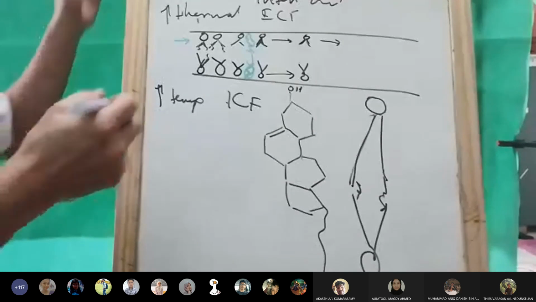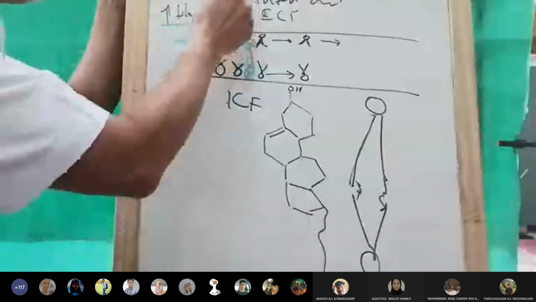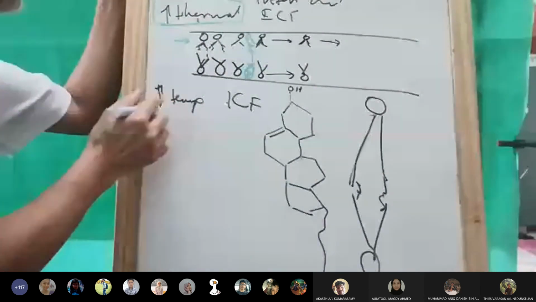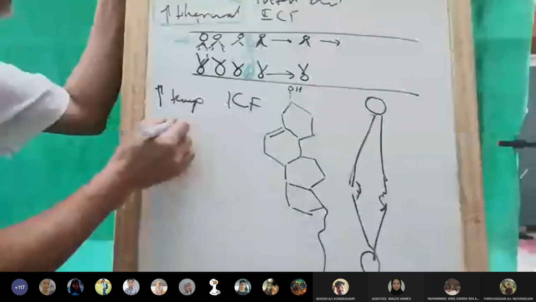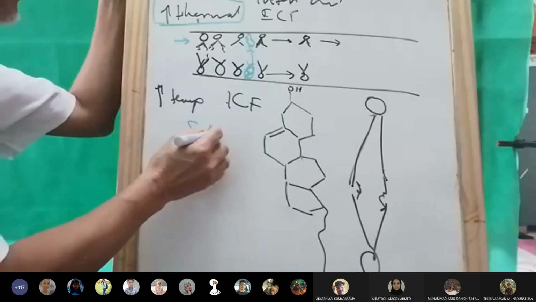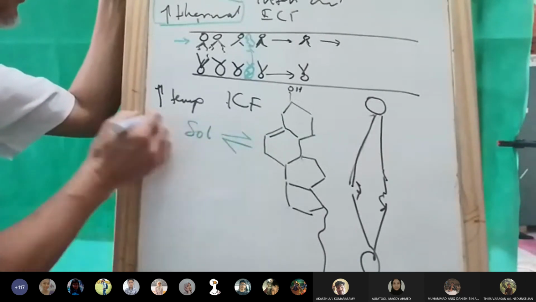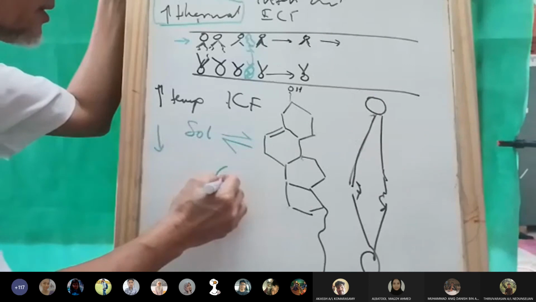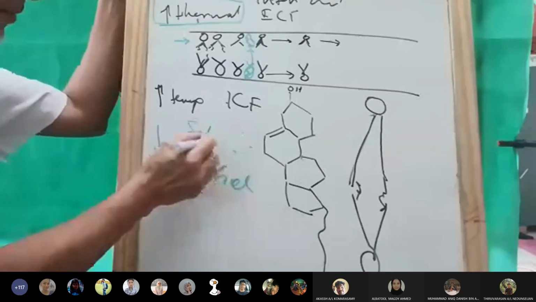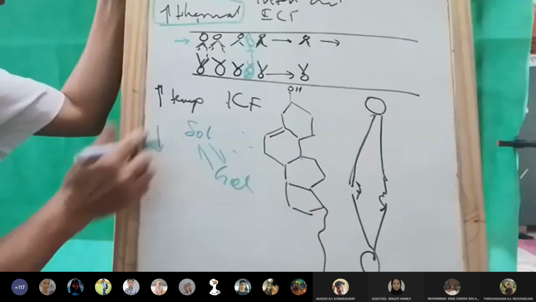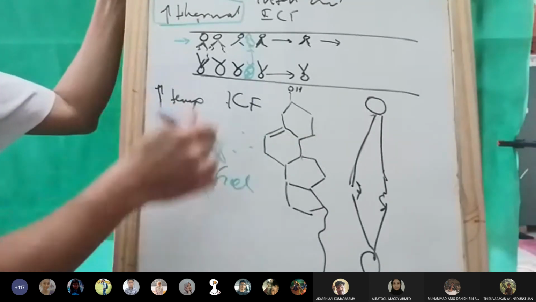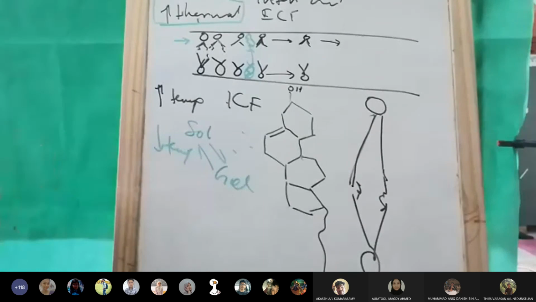So it depends on the thermal energy of the surroundings. If there is an increase in temperature, it will become a fluid state, or if there is a reduction in temperature, it becomes a gel state. So it can move between these two, depending on the temperature of the surroundings, which provides the fluidity.